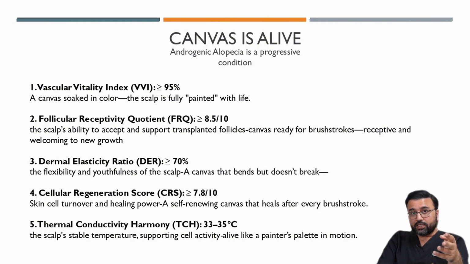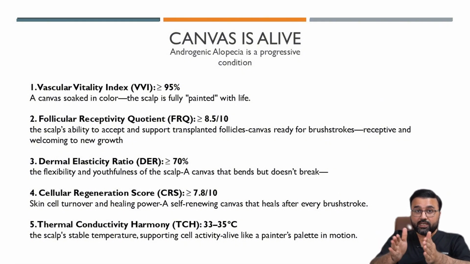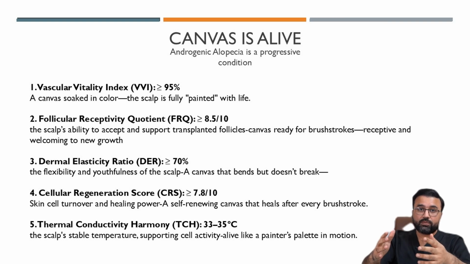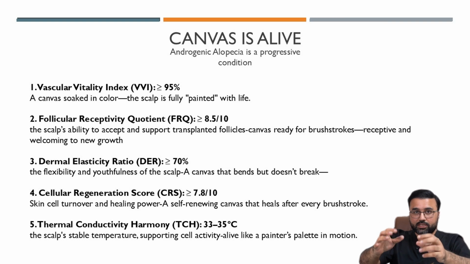The third thing is the dermal elasticity ratio, which is more than 70% in the scalp. That means the flexibility and youthfulness of the scalp: our canvas bends but does not break. And this canvas that bends but does not break is very important for making the surgical sites over this scalp.